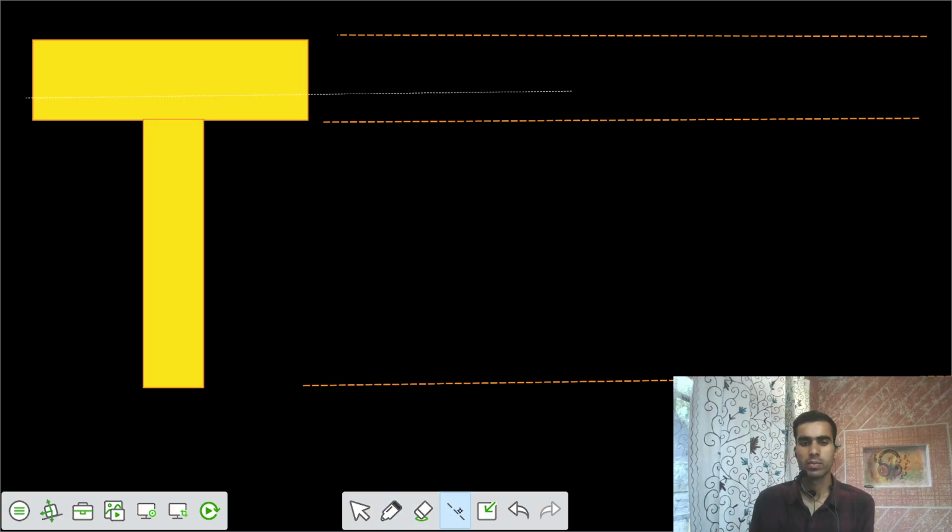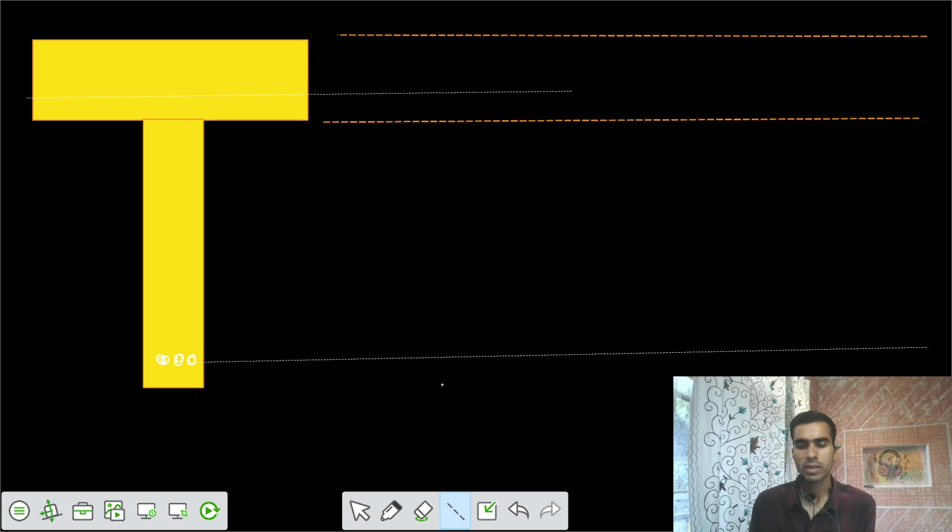If the neutral axis is in the flange portion, let's calculate only up to the level of the steel. Let's say steel is somewhere here. Let's remove this one and place that. The bars are placed here. Let's say this is the neutral axis location for the steel.